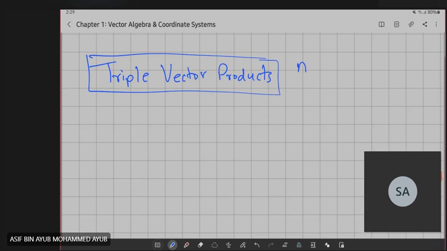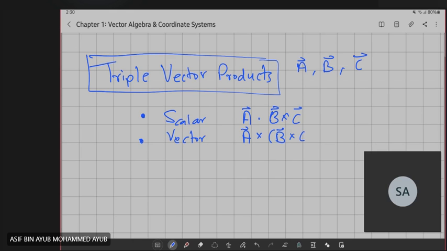So we consider vectors A, B, and C. You'll get a scalar value when you have what we call the box product, A dot B cross C. Okay, and you get a vector when you have the vector triple product, which is usually denoted like this.